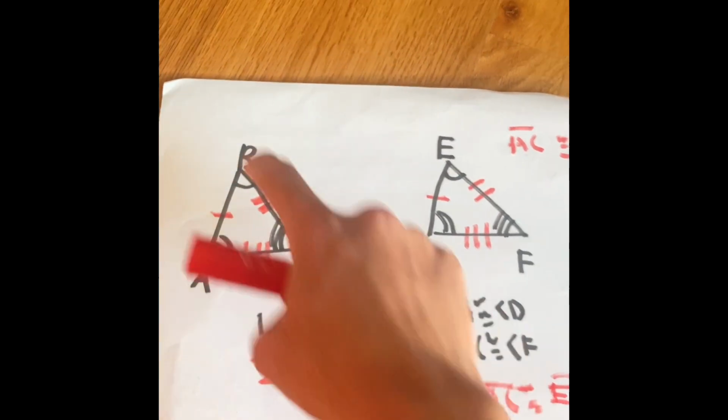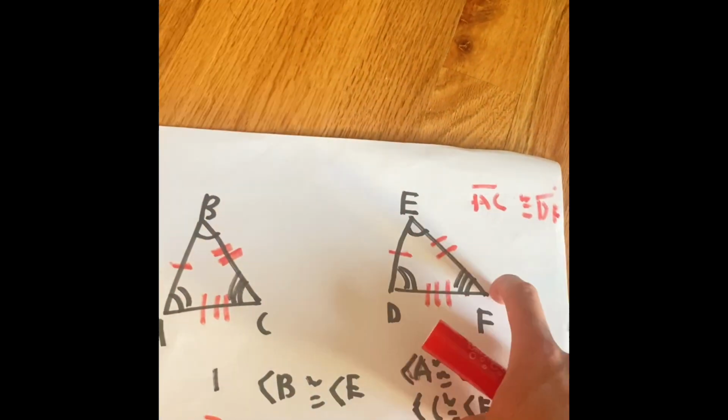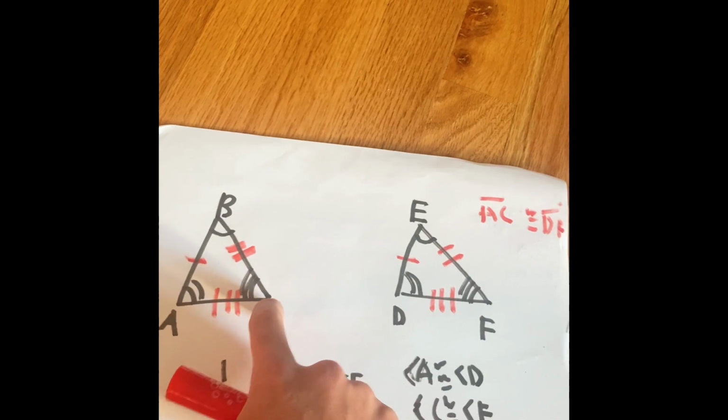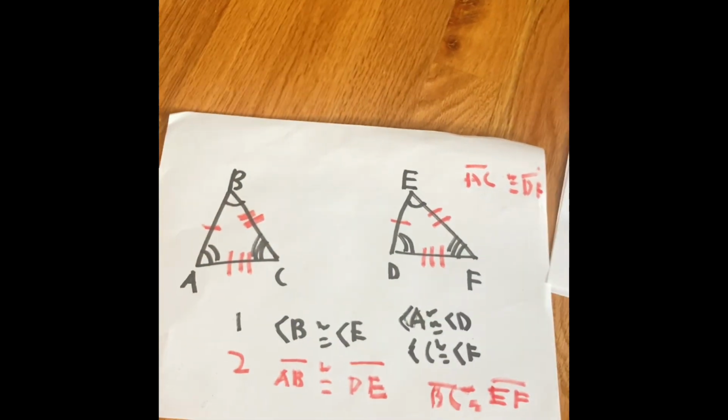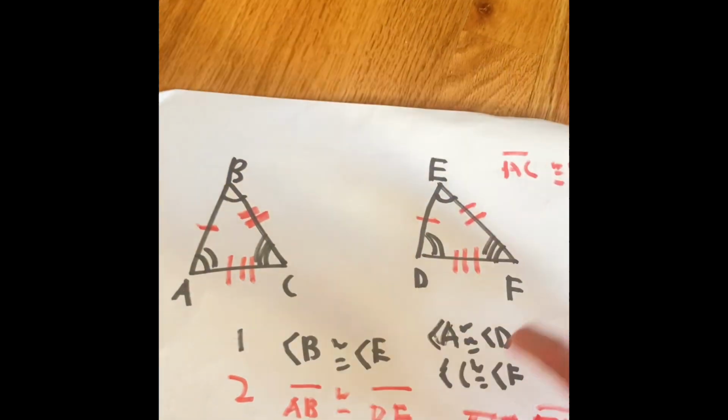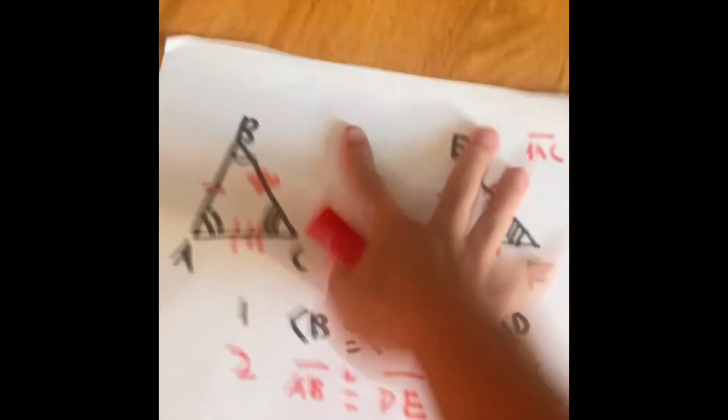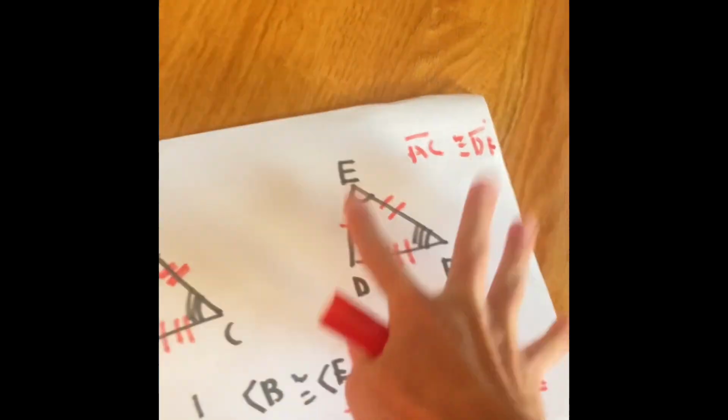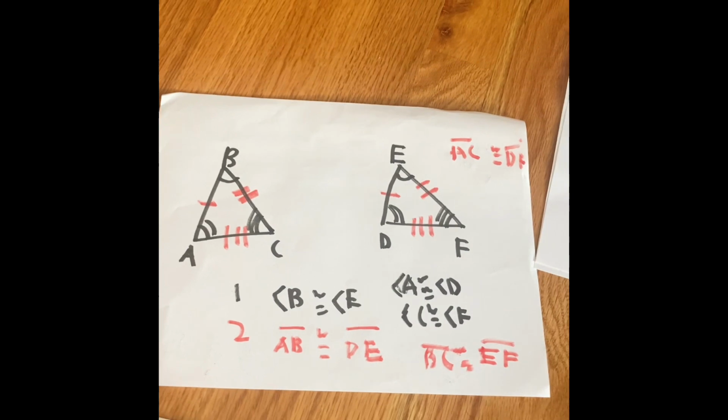So here's BC, EF, AC, DF. So these are the figures proving that these two triangles are congruent and the same.